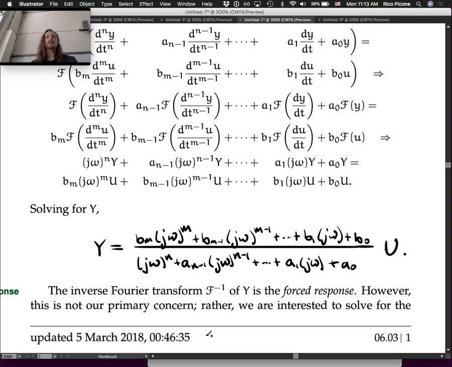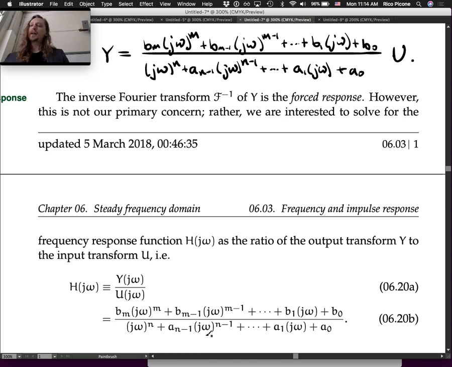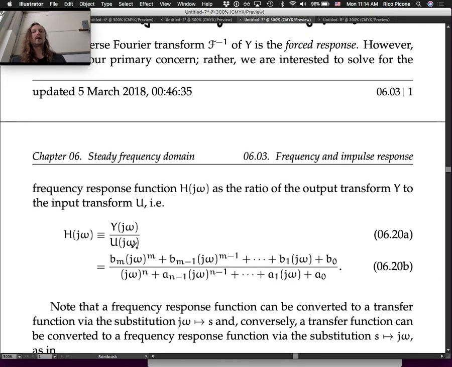Rather, we're interested to solve for the frequency response function H of j omega as the ratio of the output transform Y to the input transform U, i.e. Y over U. And we use this strange way of putting j in the argument here, okay?